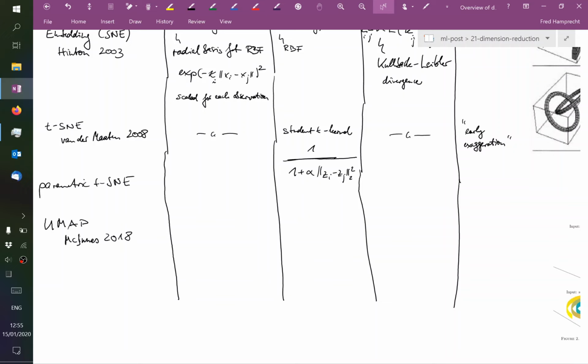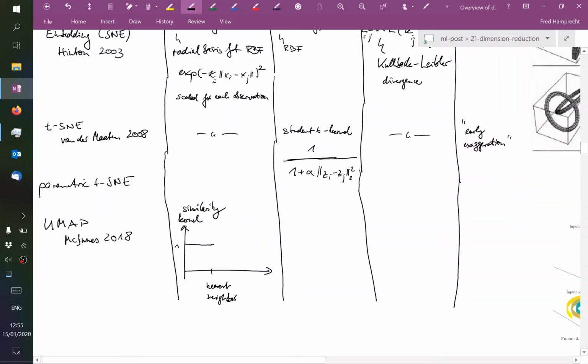So what these authors find useful is the following. The similarity kernel that they use is constant up to the distance of the nearest neighbor.